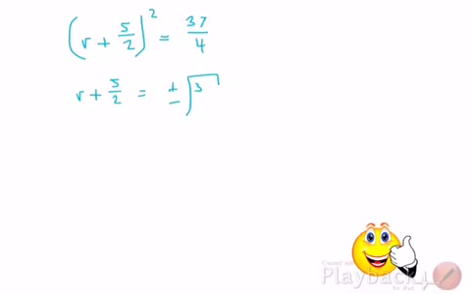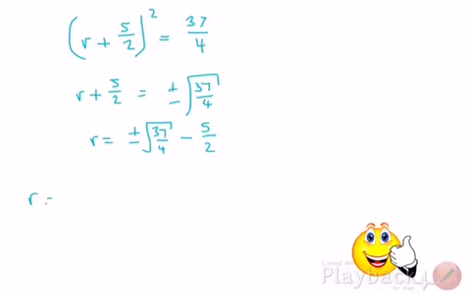So r plus 5 over 2, all to be squared, is equal to 37 over 4. Sorry, that 3 is not right. And then I can square root both sides, so r plus 5 over 2 is equal to plus or minus the square root of 37 over 4, and then r is equal to plus or minus the square root of 37 over 4 minus the 5 over 2, so when you bring your 5 over 2 to the right hand side, it becomes a minus.